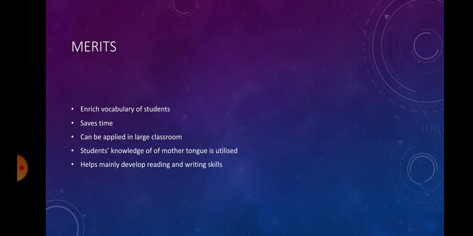The grammar translation method helps mainly to develop two skills out of the four skills. The two skills are reading and writing, because in this method the students first read the English story or something like that, and after that they translate it into their own mother tongue in written format.